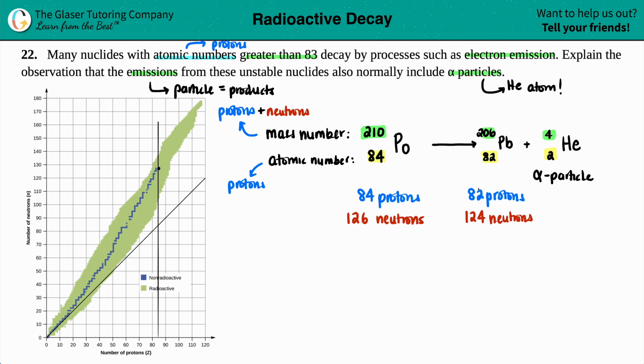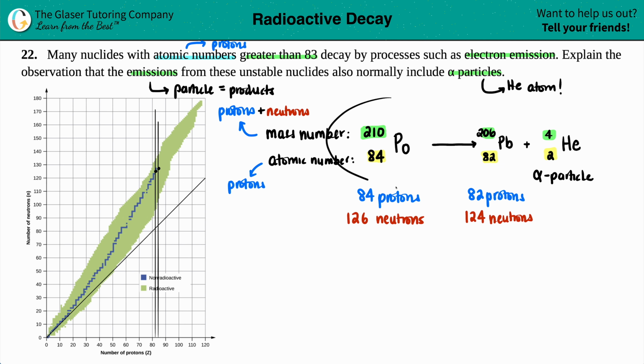Okay. So now I'm going to see where this is. 82 and 124. Maybe we'll make a line up here. Autocorrect. Thank you very much. Gotta love autocorrect, right? Okay. And then 124 would be roughly around... actually here. This is actually a stable isotope.